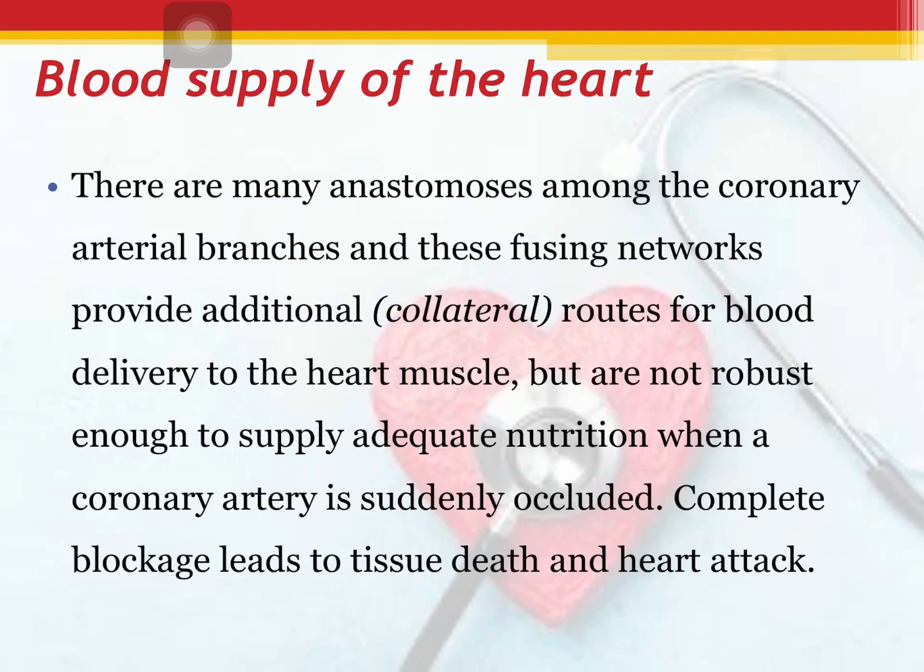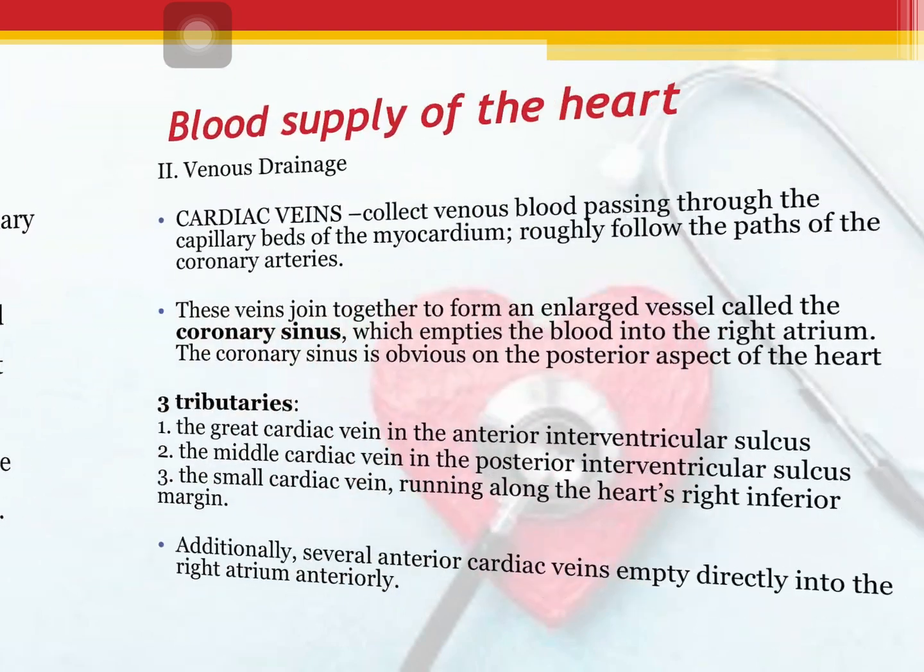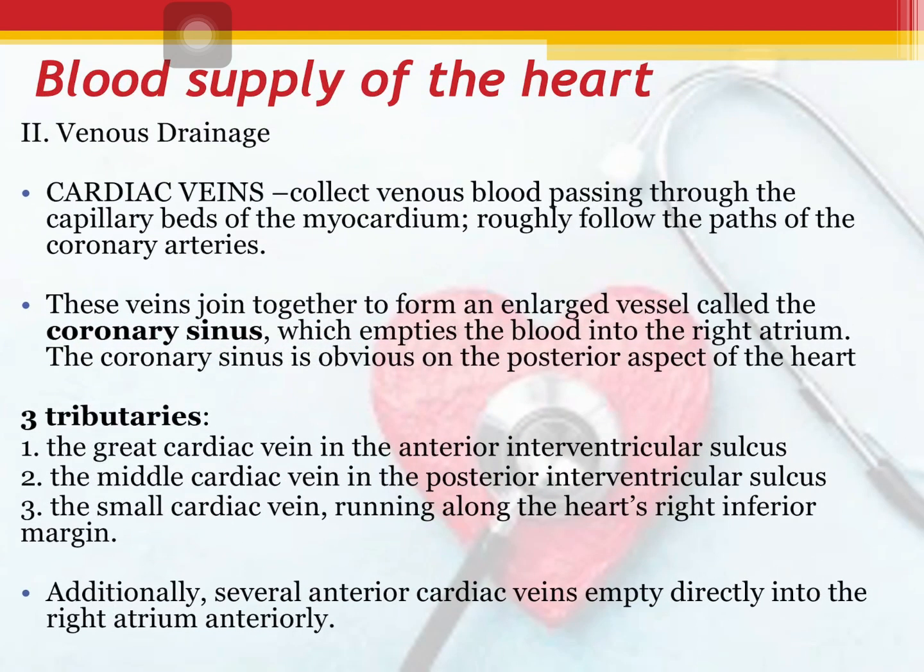So when there is an occluded coronary artery, the patient is usually prescribed blood thinners so that the blood can easily flow through the occluded artery, or if the occlusion is severe, surgical intervention is strongly recommended.